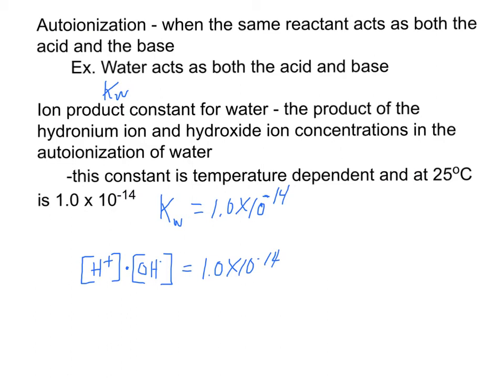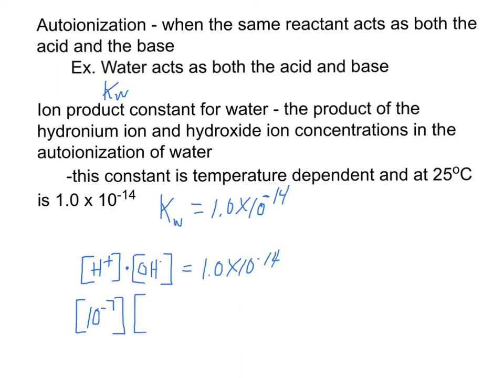Just for example, when we say autoionization, if you take absolutely pure water at 25 degrees Celsius, it autoionizes. That is, a small amount of those water molecules are going to break apart into hydroxide and hydrogen ions. The concentration in pure water is 1 times 10 to the minus 7th hydrogen ions.